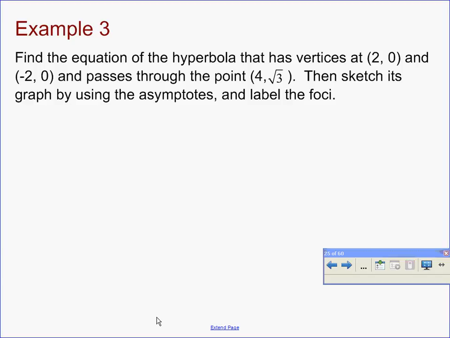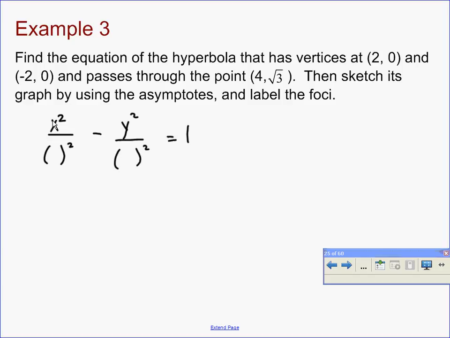So what we're going to do is start out with x squared over something squared minus y squared over, say, b squared. Well, let's just leave this as something squared again, equals 1.